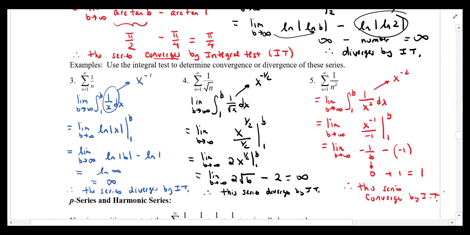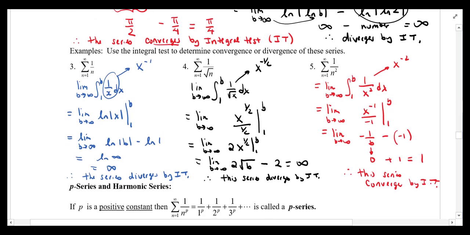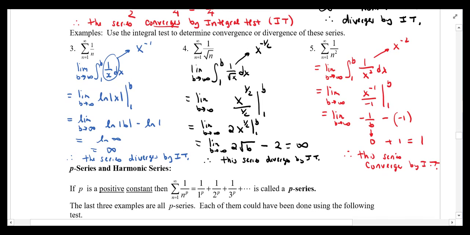Interesting. This gives rise to something that I want to talk about next, which is called the p-series. Notice that p in this case is a positive constant, written in this form, where it's 1 over n to the power of p. So if you look at example number 3, I hope you can see that p is equal to 1.